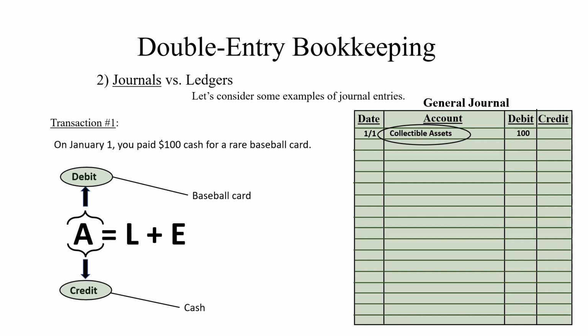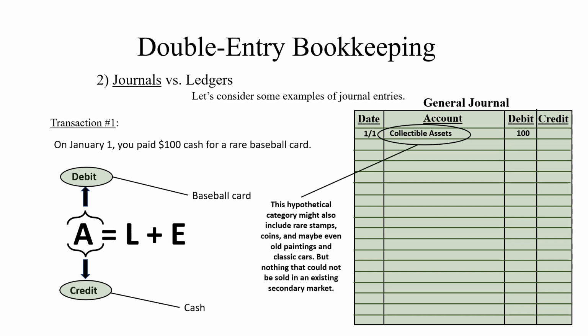You could probably look up the price at which you could sell it online. But let's call this account collectible assets because a baseball card account is just too narrow. This hypothetical category might also include rare stamps and coins, maybe even old paintings and classic cars, but nothing that could not be sold in an existing secondary market. Your rubber band collection, for example, probably wouldn't qualify as an asset.